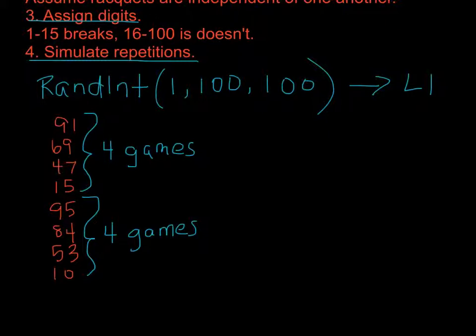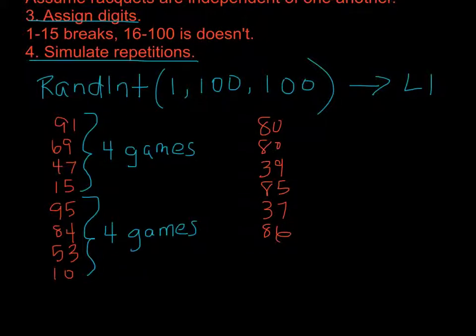I'm going to continue on just to show you one more. So I get 80, 80 again. So a racket's good. It's still good at 39, still good at 85, 37, 86.